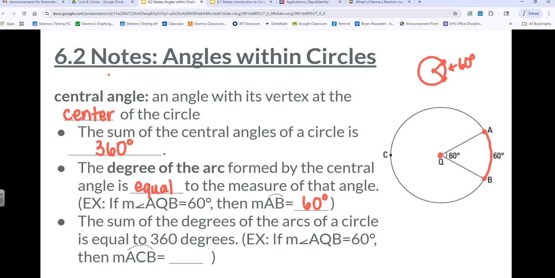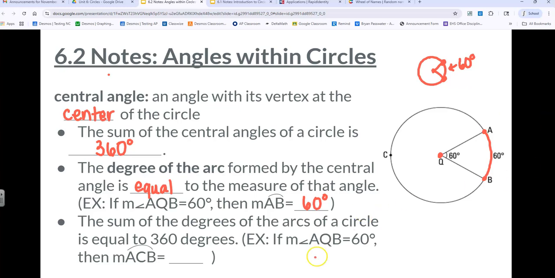So when we're talking about the measure of an arc, we're looking for degrees. It doesn't matter how big the circle is. Does that make sense? We will look at arc length later in this unit, and for arc length, it does matter how big the circle is, and we'll talk about what to do when we get to that point. Okay? The sum of the degrees of the arcs of a circle is also equal to 360.